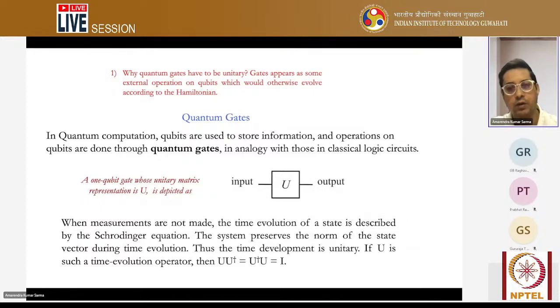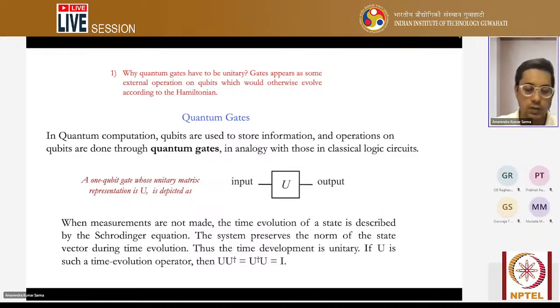You make observations, and in quantum mechanics language, a qubit is a quantum state. Mathematically speaking, you are operating on a quantum state, and for an operator to make sense, it has to be Hermitian.